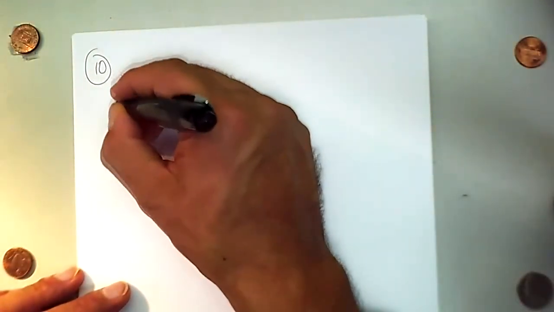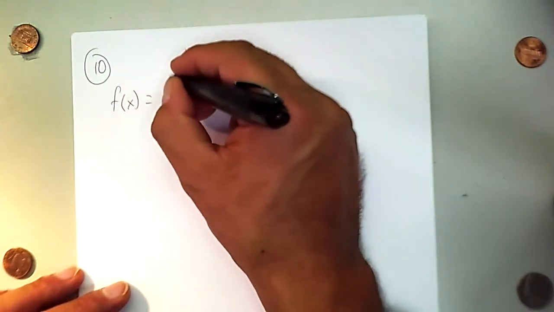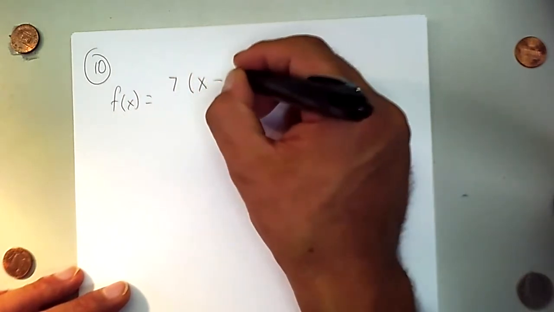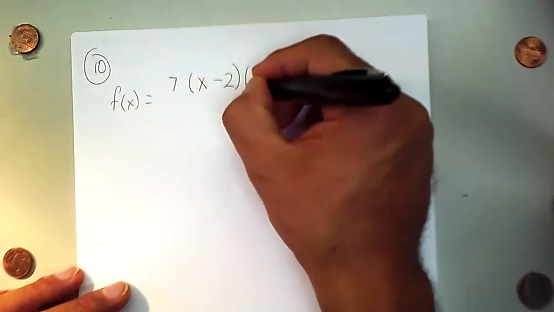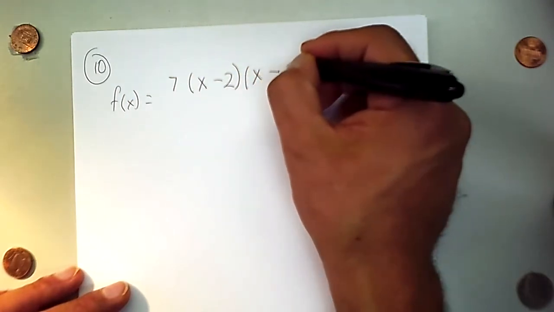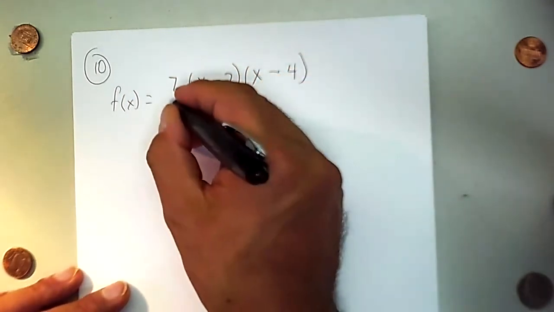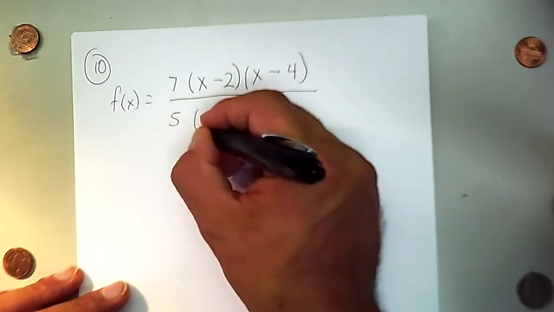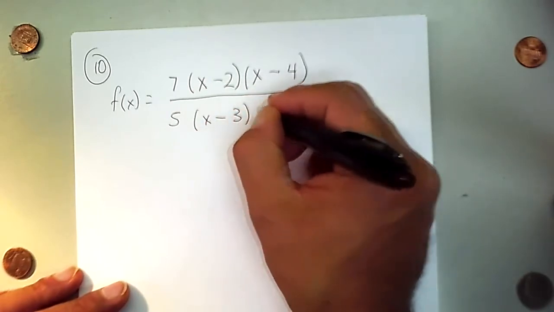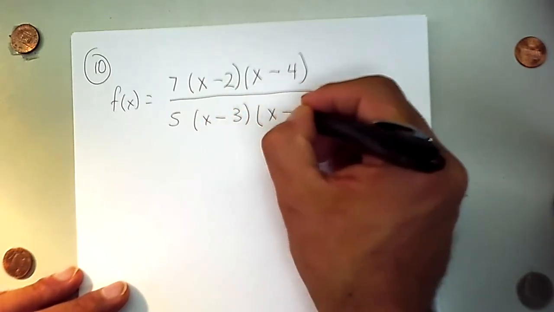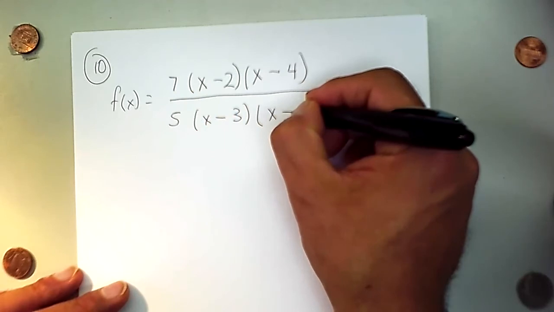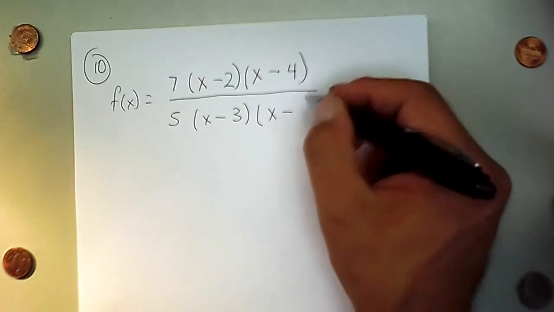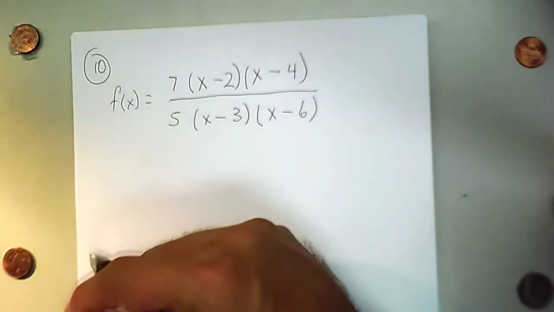Say we have f of x equals 7 times the quantity x minus 2 times x minus 4, over 5 times x minus 3 times x minus 6.